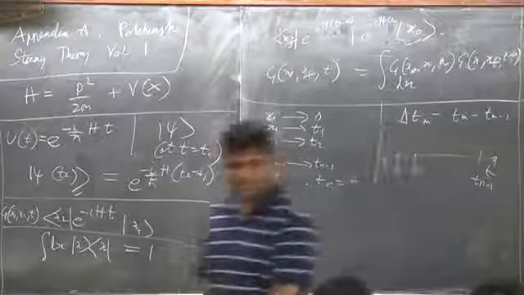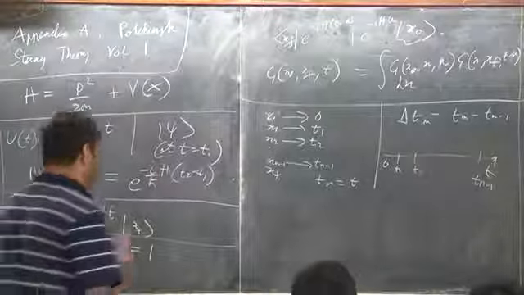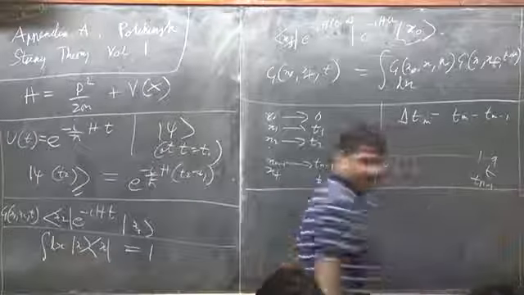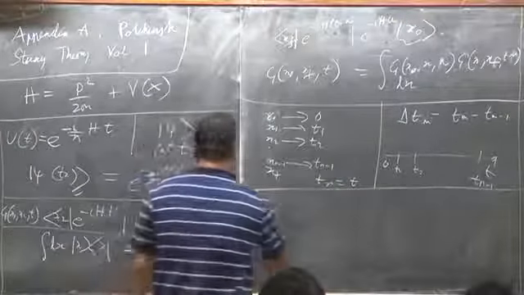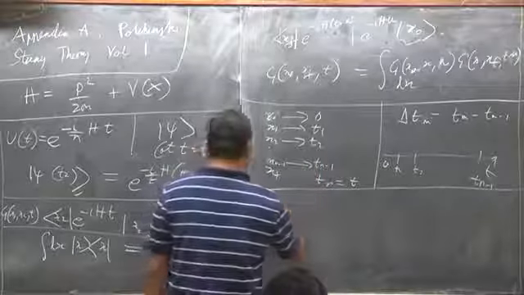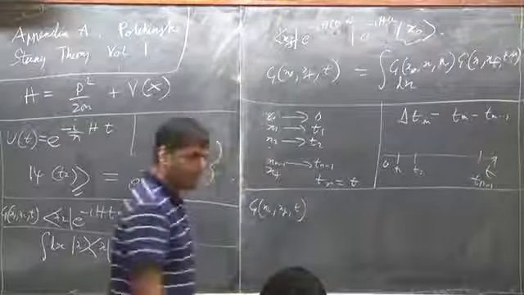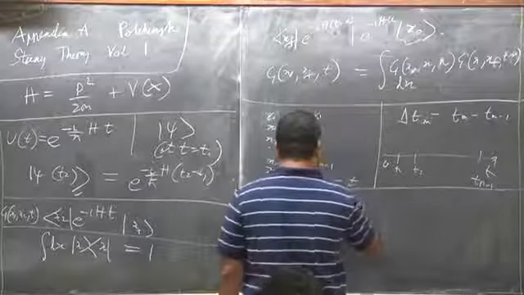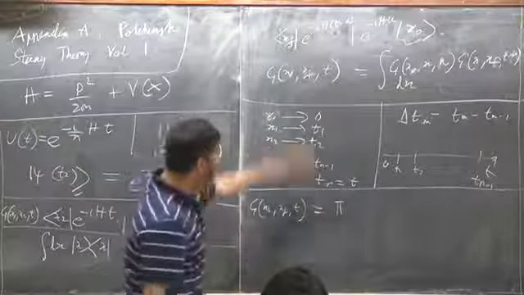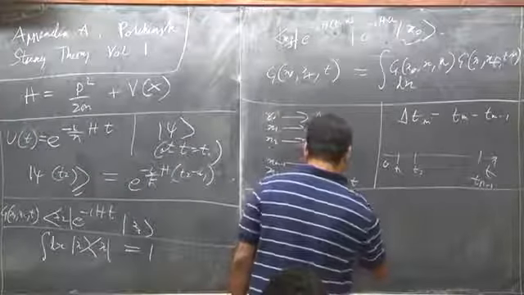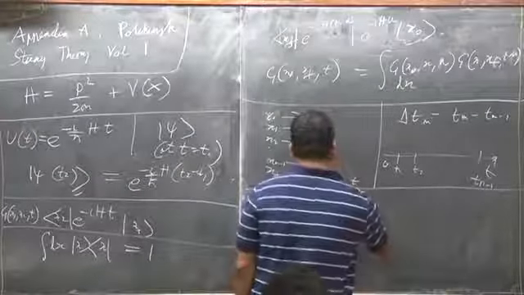So let's write the formula. So the formula is that G of x initial to x final in time t. So what is it? Now we will have a product over all intermediate times, m equal to 1 to n minus 1.